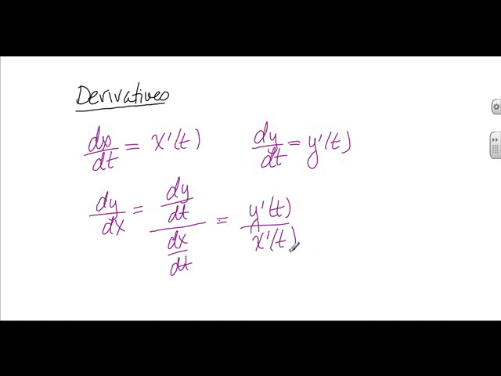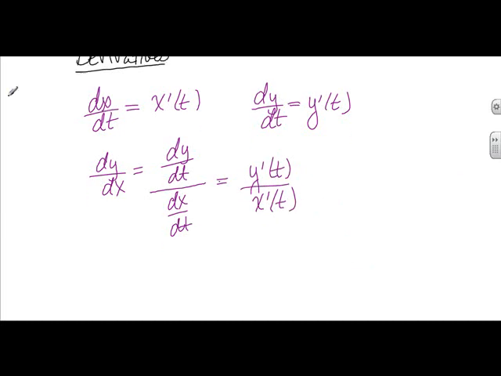You're also going to see questions about where tangent lines to parametric curves are horizontal. Remember, that's going to happen where the slope of the curve is 0, and where this fraction is equal to 0 is going to be when the numerator is equal to 0 and the denominator doesn't.